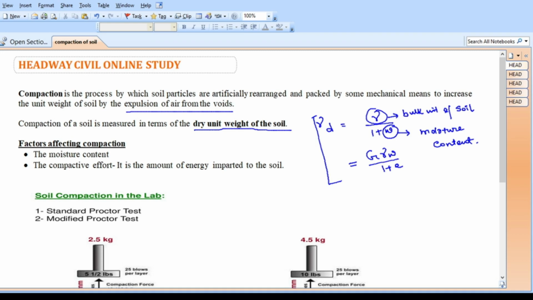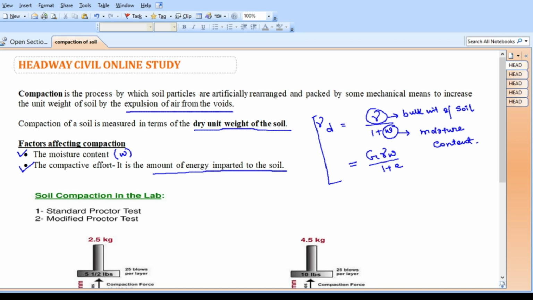So let us move on to the factors that affect compaction. There are two factors. The first is the moisture content, which we already know is W, and the second is the compactive effort. Compactive effort is the amount of energy that is imparted to the soil. While studying the process that we follow while doing the compaction, this portion of compactive effort will become clear to you.